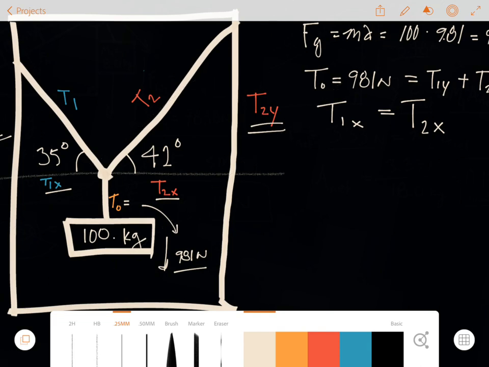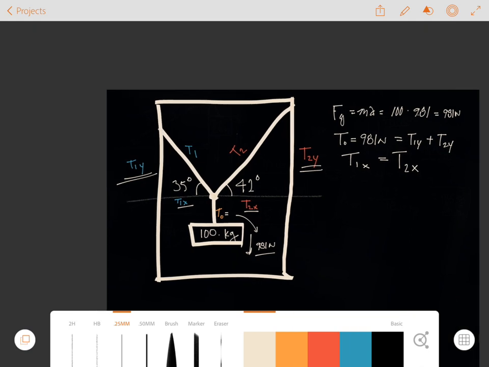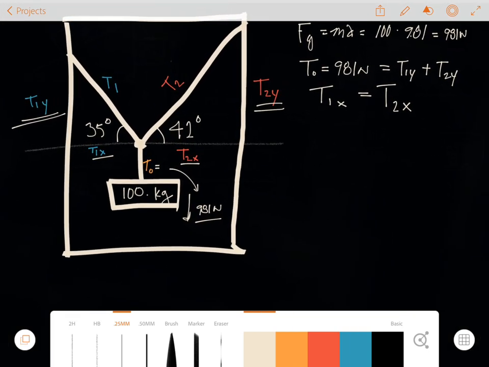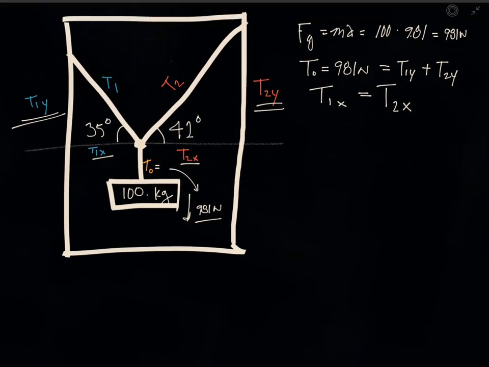Okay, what else can we get? Well, we can work with some angles here. Let's see, we have the tangent. I want to work in blue. We'll go with the number one side first. We have the tangent of 35 is equal to opposite over adjacent, which is T1y over T1x.